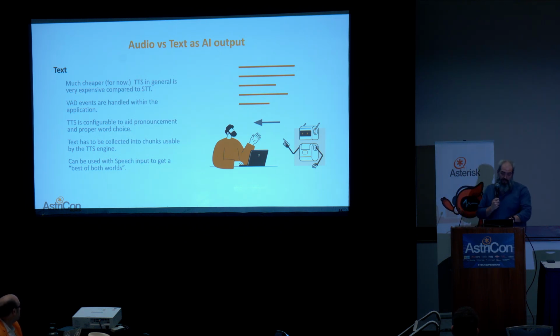This line is actually very important. The third blob here, where it says at least with DeepGram, the text to speech is configurable to aid pronouncement and proper word choice. I can't stress how important that is. For instance, I have to explicitly tell DeepGram that if it gets the word FreePBX, to break it into 2 words.